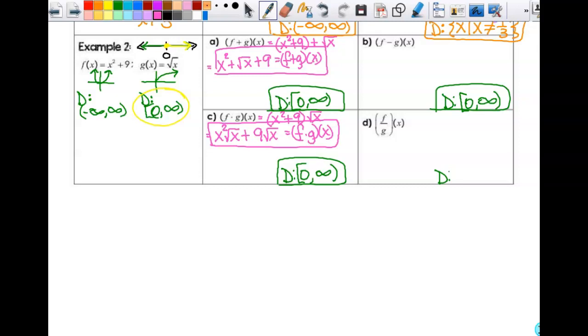So then I'm going to divide. This is equal to x squared plus 9 divided by the square root of x. I definitely can't cancel those x's out, but what's wrong with what I have here? The square root. Can't have a square root in the denominator, right? That's illegal. So I have to, do you know what it's called?